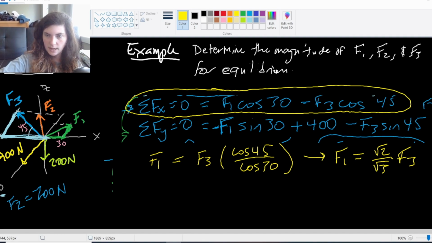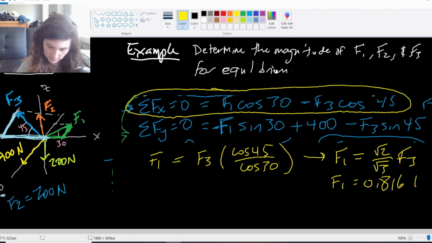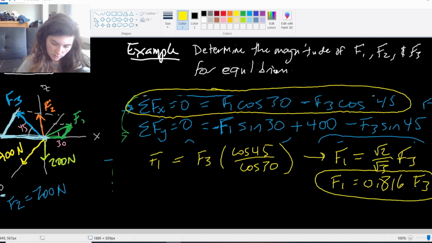But if I plug that into my calculator, cosine 45 over cosine 30, F1 equals 0.816 F3.